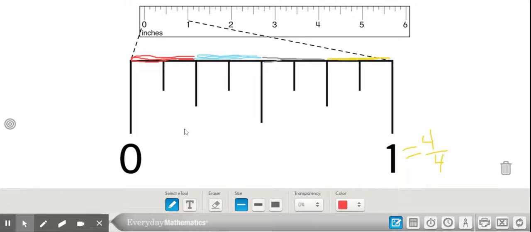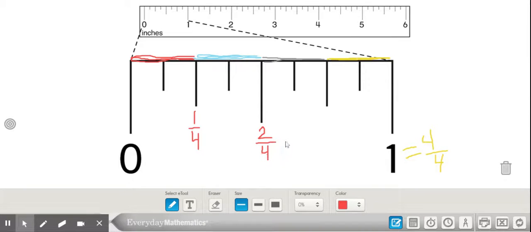And so I'm going to take my marker, and as we discussed earlier, this is 1/4 of the inch. So I'm going to write 1/4 at this mark. You'll notice this mark here is 1/4. So thinking about the pattern, here in the middle, we would have 2/4.